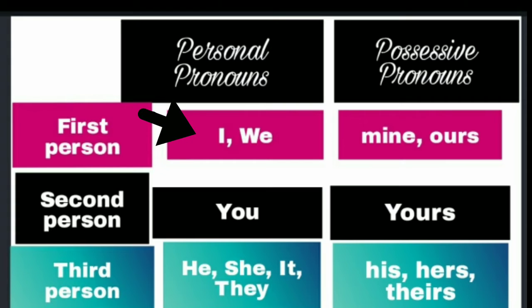The first person personal pronoun is I and we, and in possessive pronoun mine and ours. In second person personal pronoun you and possessive pronoun yours. And in third person personal pronoun he, she, it and they, and in possessive pronouns his, hers and theirs.